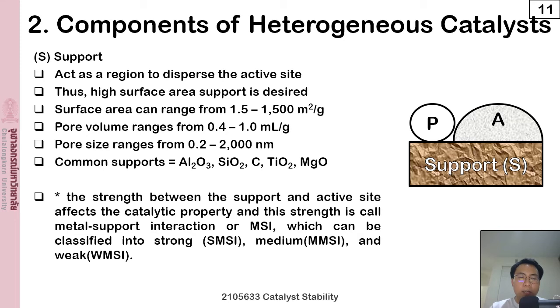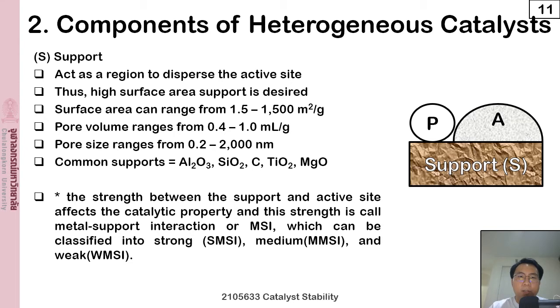The pore size, for example, can control the rate of diffusion of the reactant into the catalyst. So if the rate determining step becomes the diffusion, although you have a highly active site inside the catalyst particles, you cannot exceed the rate of the diffusion. So this is an important property that you need to choose.